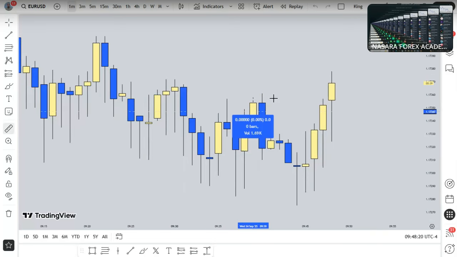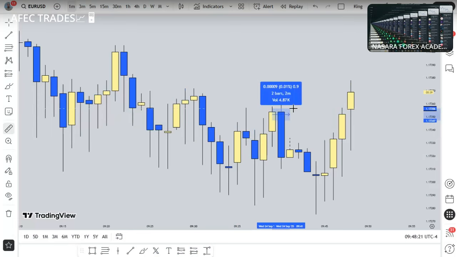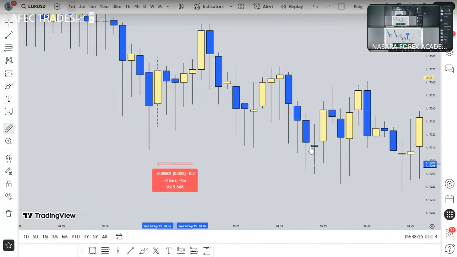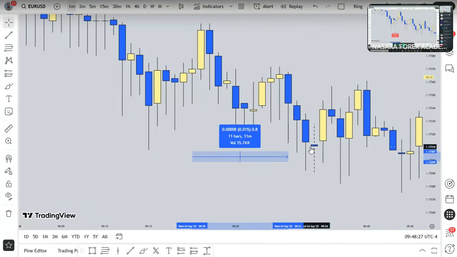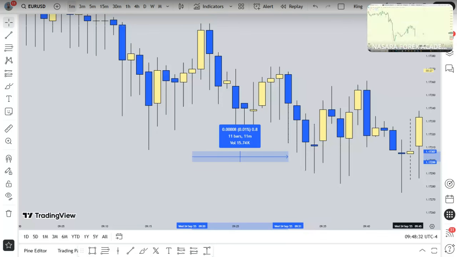Is it fixed? Are you able to fix the problem? It's not fixed, but on my phone it's fixed. Okay. So I think I'll be using my own chart.